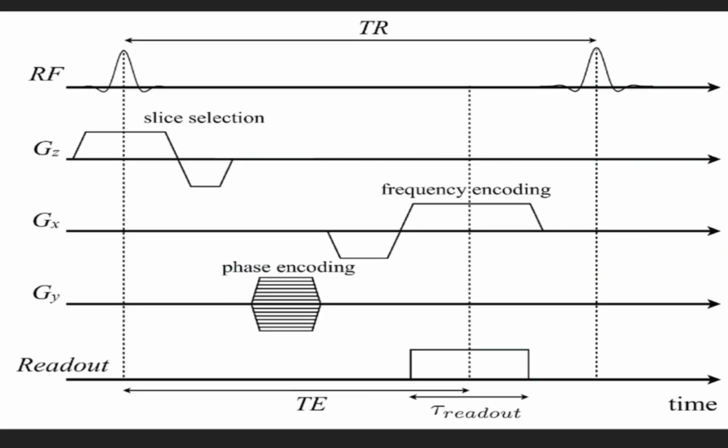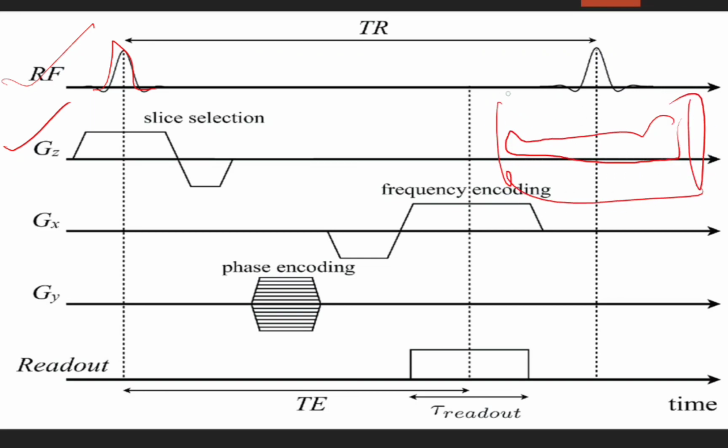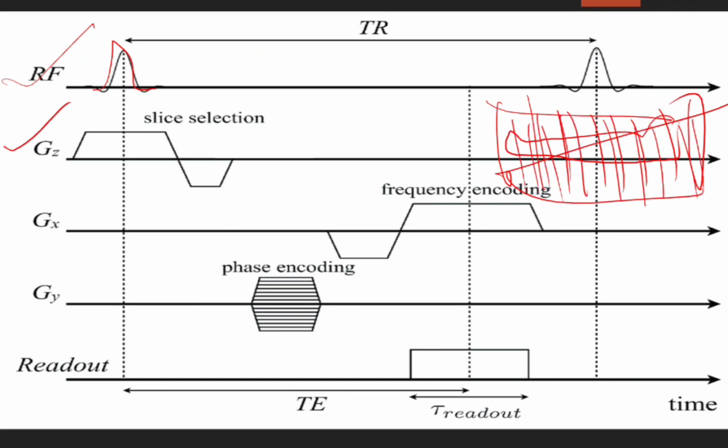This is a very universal diagram. You can see RF is applied and the slice selection gradient is applied. Suppose this is the patient in an MRI machine; when the slice selection gradient is applied, the body is divided into different slices.